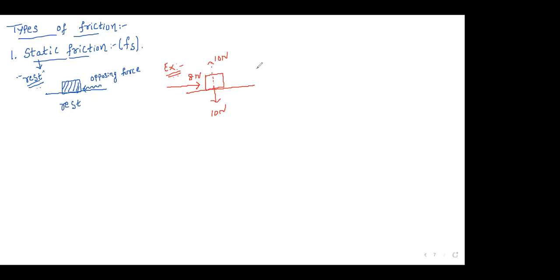No, sir. The body will not move because the weight is 10 Newton, but I am applying only 8 Newton. The body is not moving because there is an opposing force here. What is this opposing force called? Static friction.